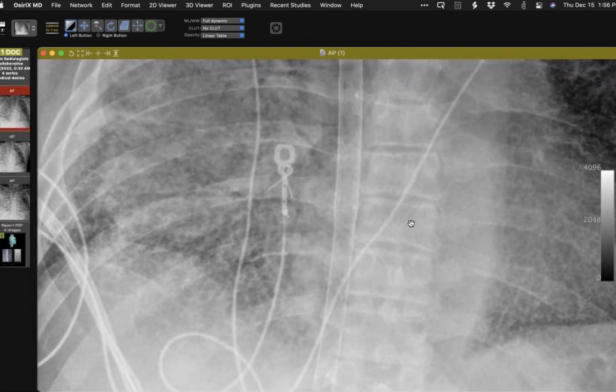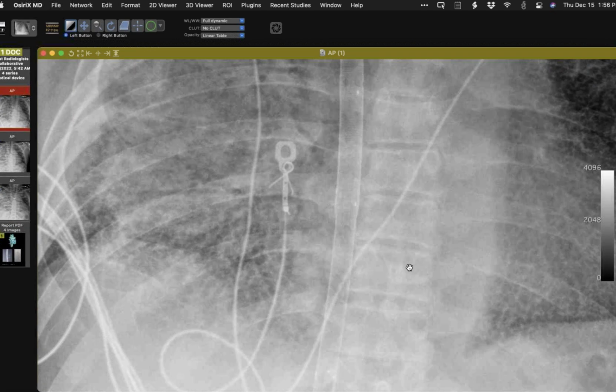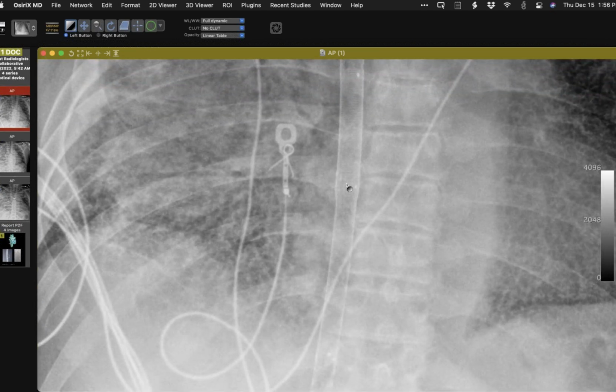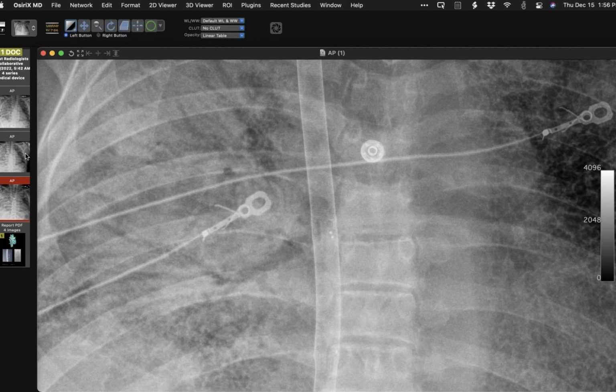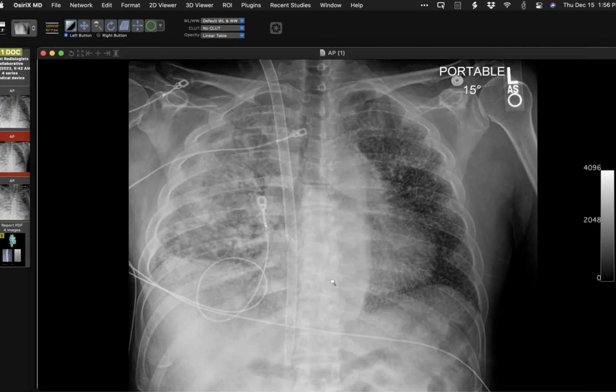So the idea is you have to try and identify the 3 markers for the reinfusion port. And let me pick out another one to see if I can show you this.